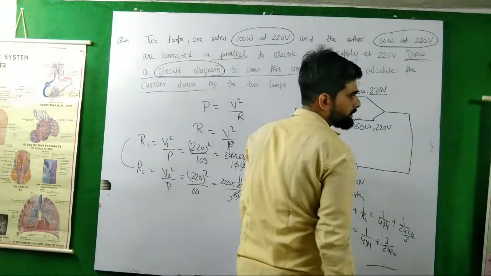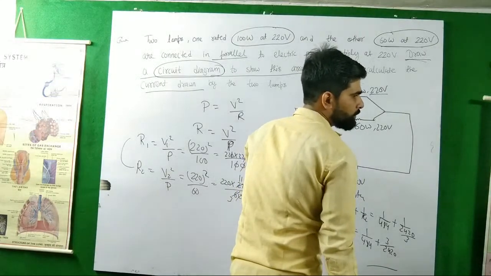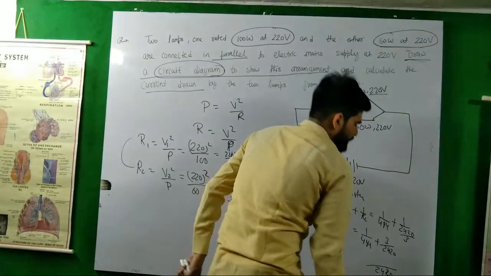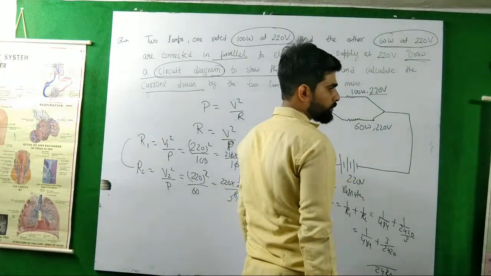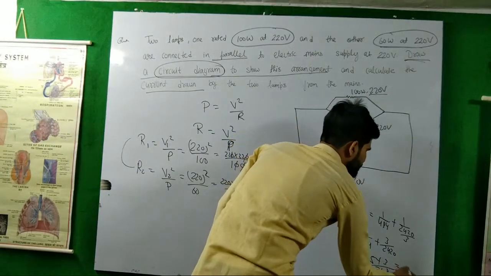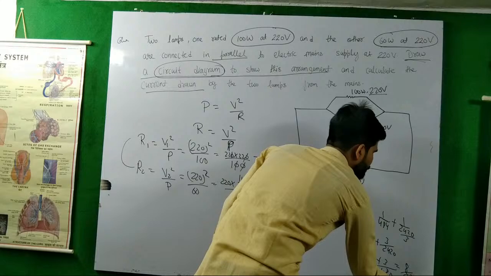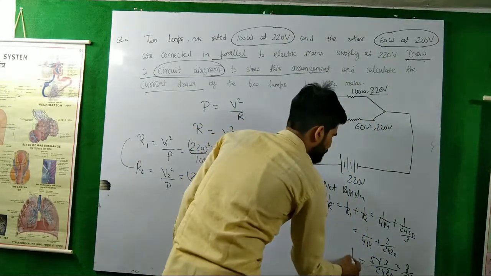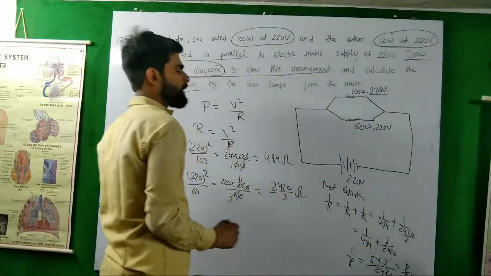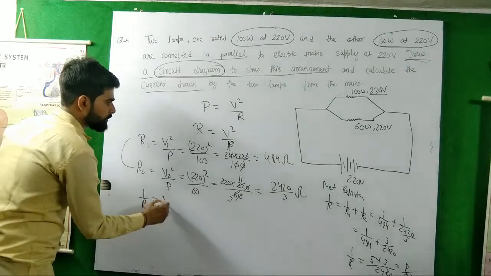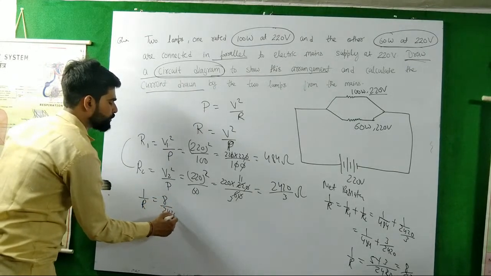Now we take the LCM and solve this. The LCM is 2420, and we divide 2420 by 484, which is 5. So 5 plus 3 means 8 upon 2420. Now 1 upon R is equal to 8 upon 2420.